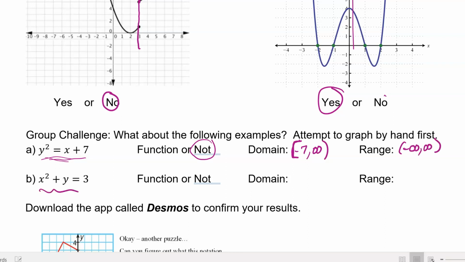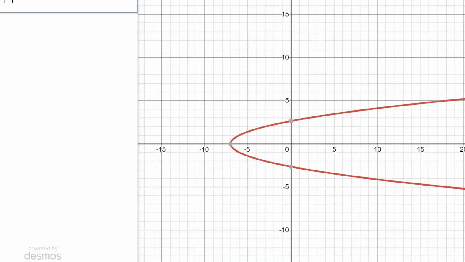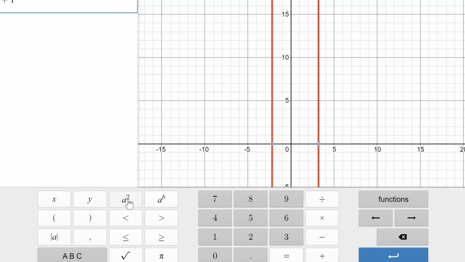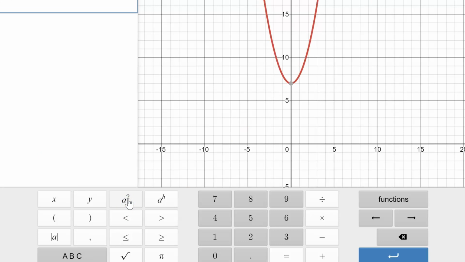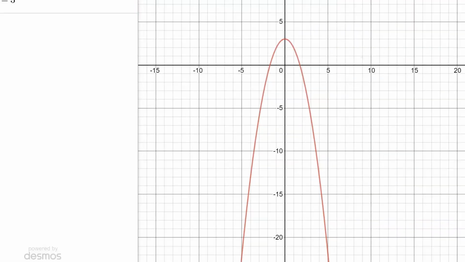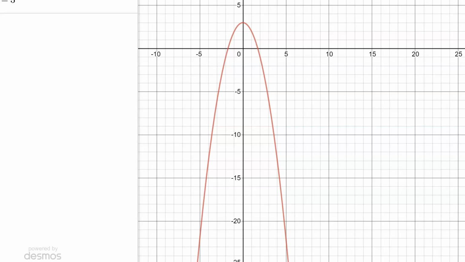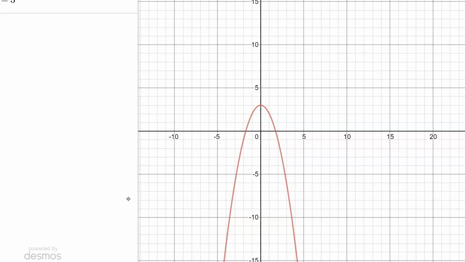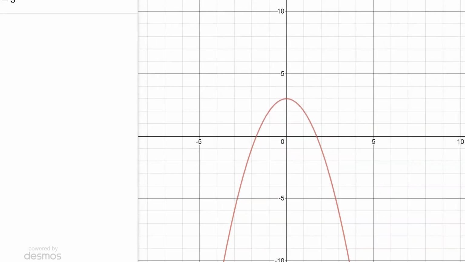You can also put x squared plus y equals 3 into Desmos. Notice here we have a U shape again. It does pass the vertical line test. Let me spread this out a little bit.